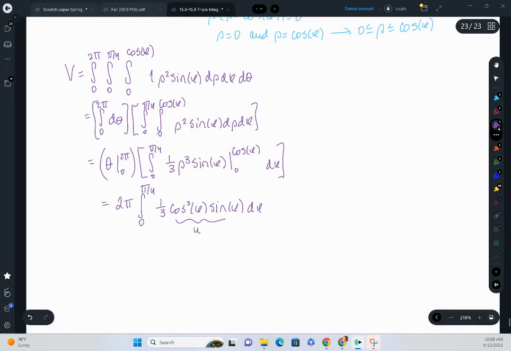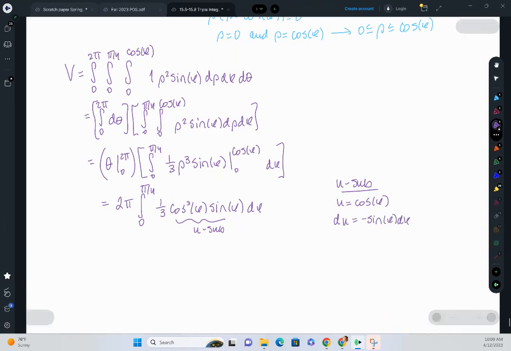We have a u sub, and the u sub says that u should be cosine of phi because the sine is a single power, so du will be minus sine of phi d phi. But then we don't have a negative, so we'll move that negative over, and negative du will replace sine of phi d phi. So if I handle just that, I'm looking at the negative integral of u cubed du, which gives me a negative 1/4 u to the fourth, and that's it.